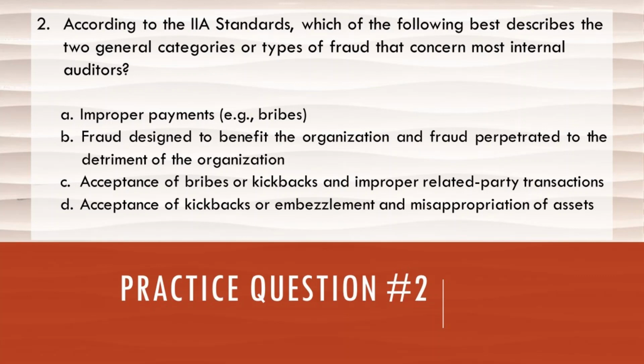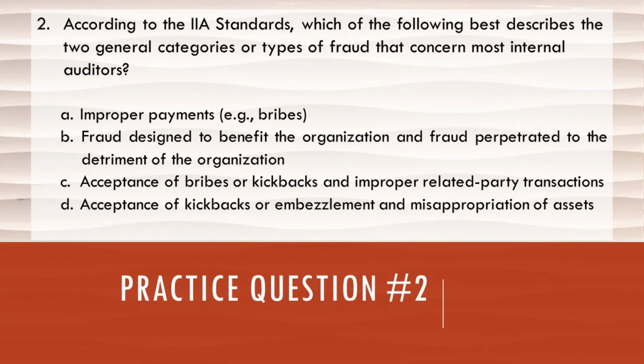C, acceptance of bribes or kickbacks and improper related party transactions. Or D, acceptance of kickbacks or embezzlement and misappropriation of assets. So we're looking for two general categories or types of fraud that internal auditors are concerned with the most.